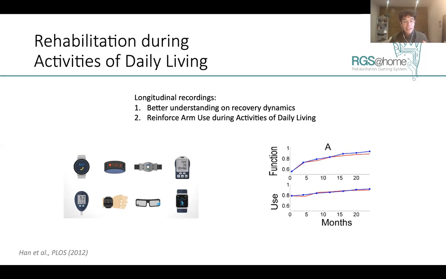And this allows for two things. One, increasing the use of, for instance, the affected arm in the more realistic environment possible, that is the house of the patient and where rehabilitation should ideally be done.